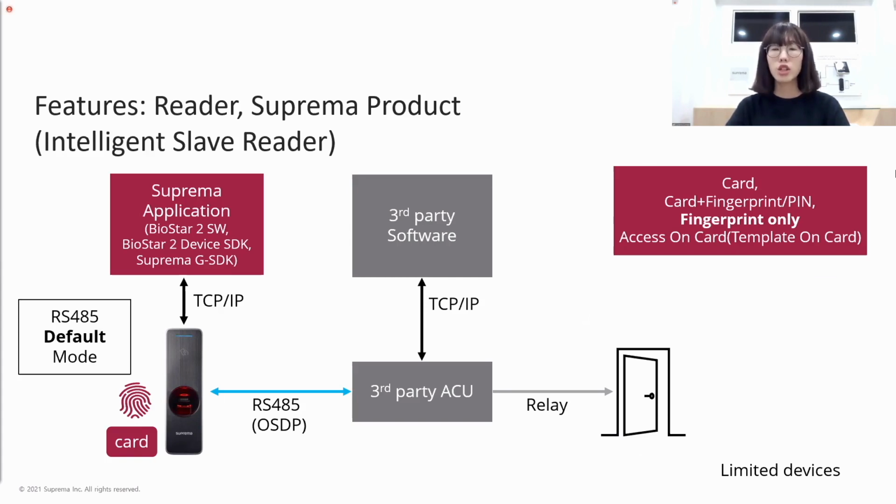Since intelligent slave can operate as an intelligent device like an IP-based BioStar 2 device, authentication is possible with fingerprint only without card input. And server matching is also available. In addition, the access on card described above is also supported.